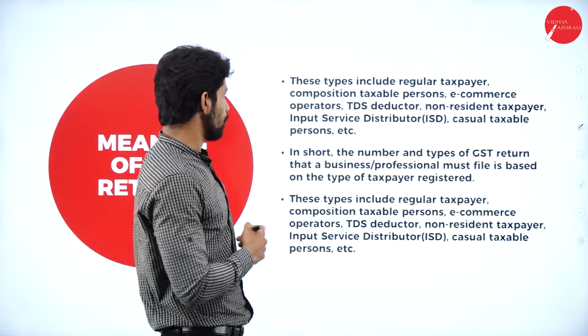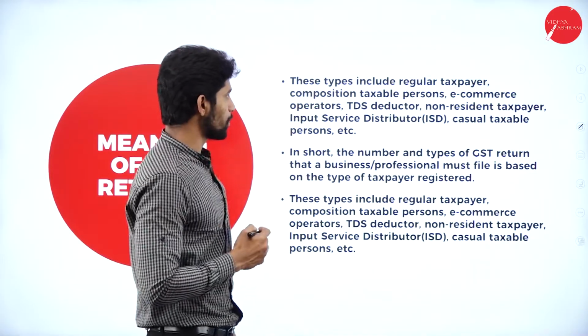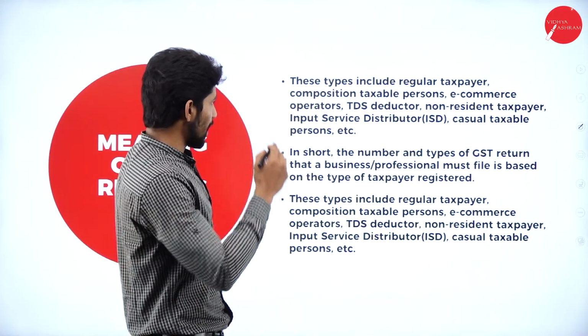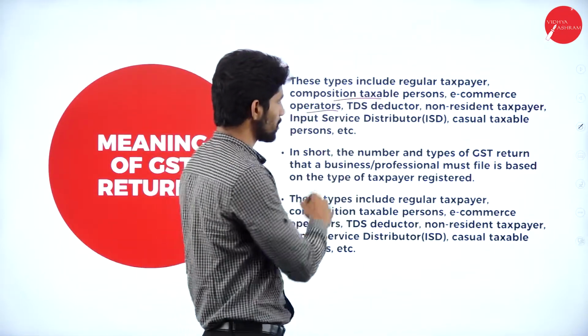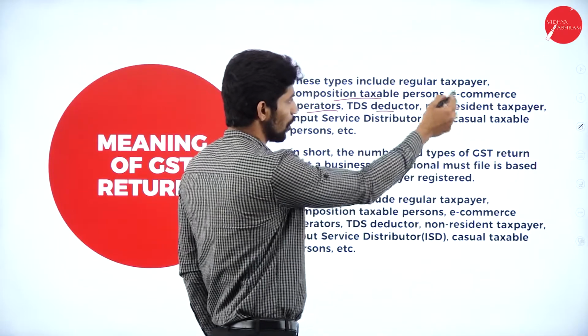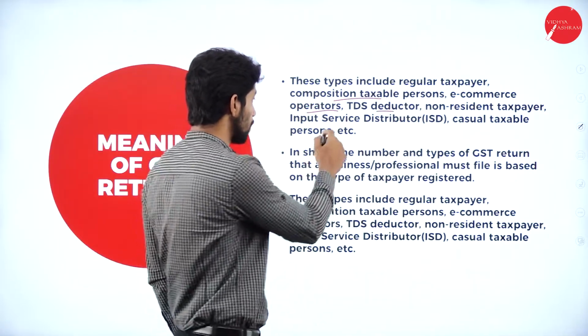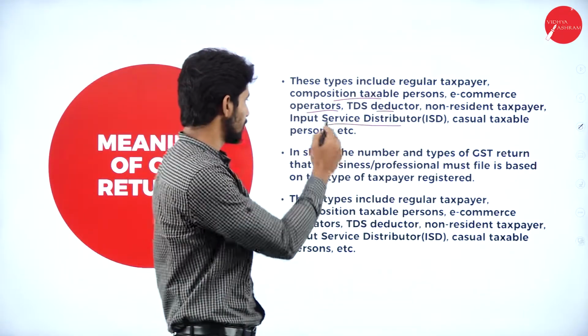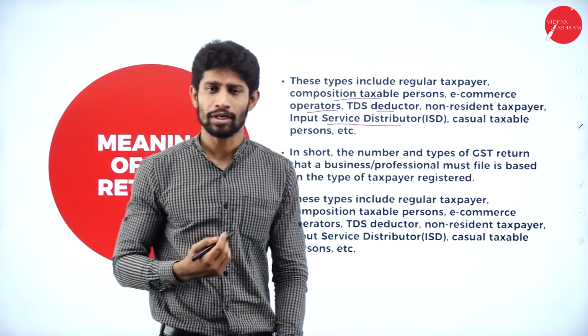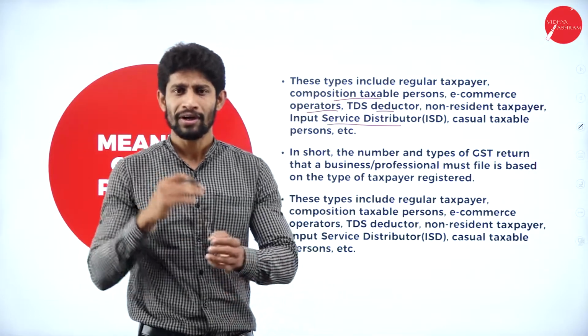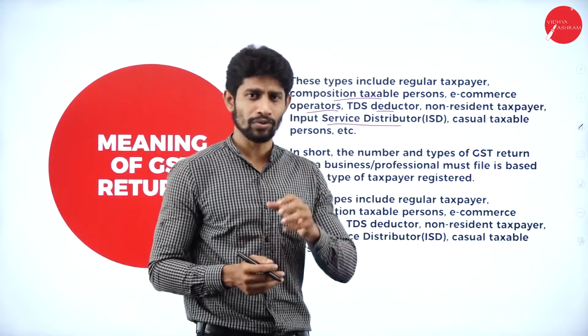Next, moving further, these types include regular taxpayer, composition taxable person, e-commerce operators, TDS deductor, non-resident taxpayers, input service distributor, casual taxable person, etc. Yes, under GST authority, different kinds of people are going to register with respect to the GST.